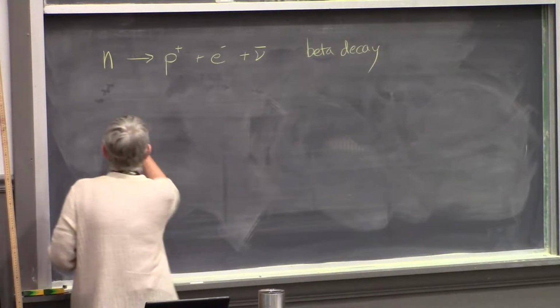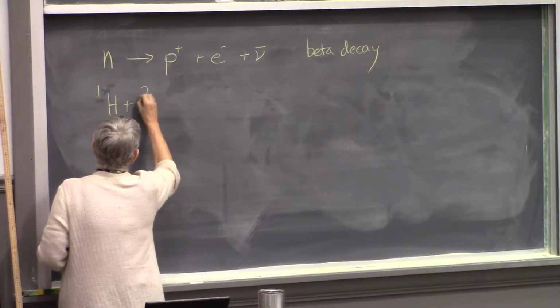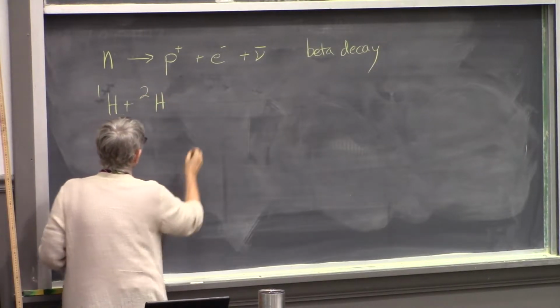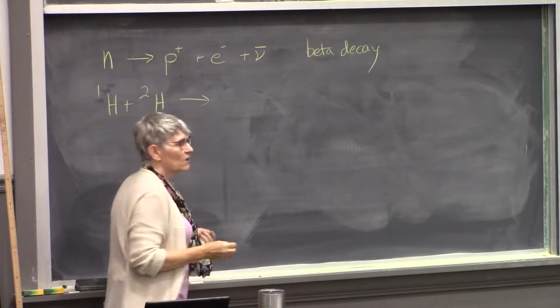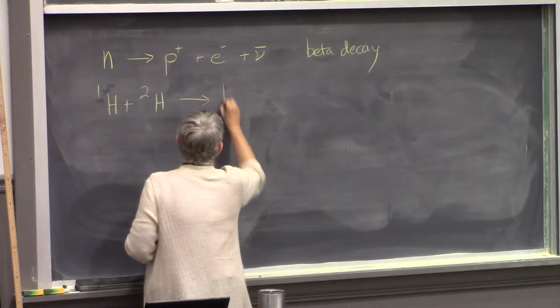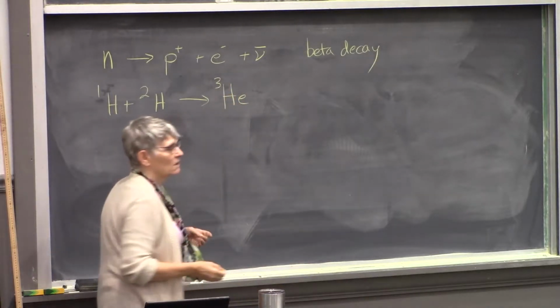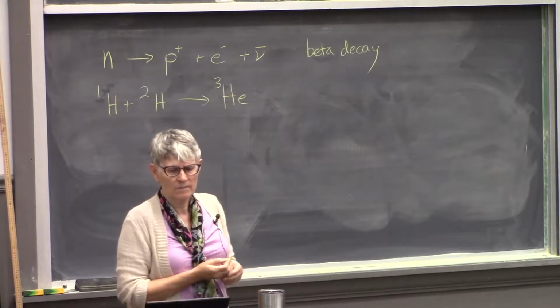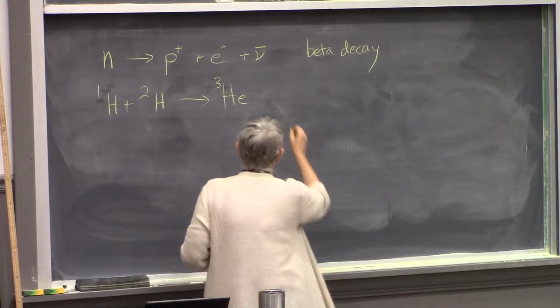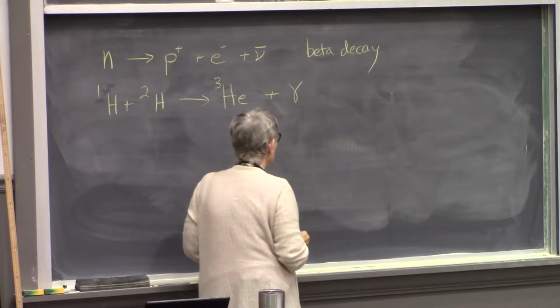Another is fusion. If we have hydrogen plus deuterium, a process that occurs in the sun, they can react to form helium-3. And we also get from that a photon.